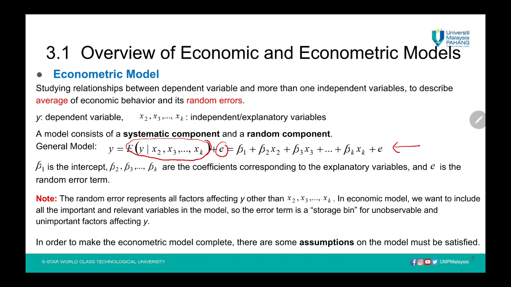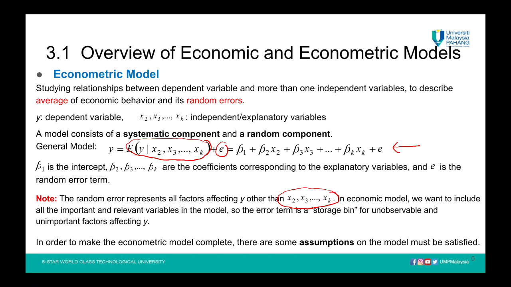Note that the random error represents all factors affecting Y other than X2, X3 up to Xk, the independent variables. In the economic model, we want to include all the important and relevant variables in the model.